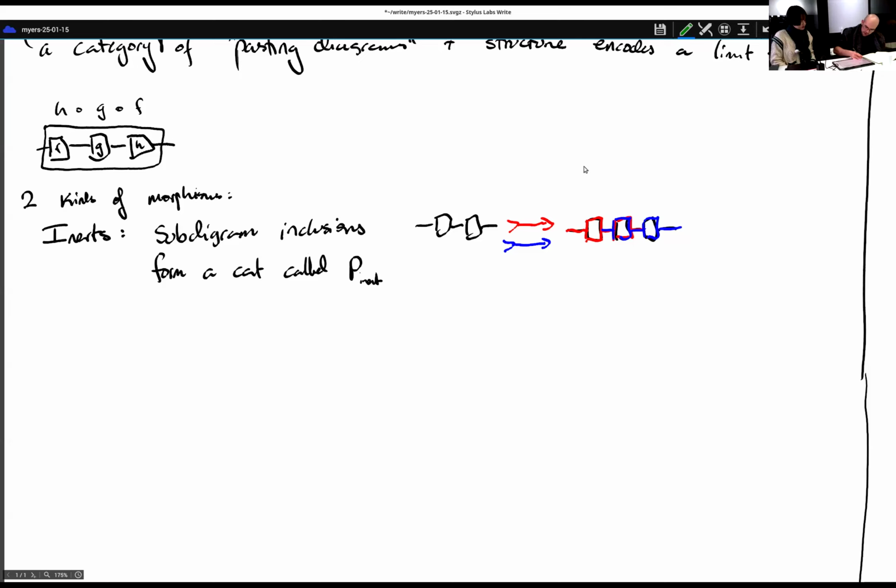For categories, P is going to end up being delta.